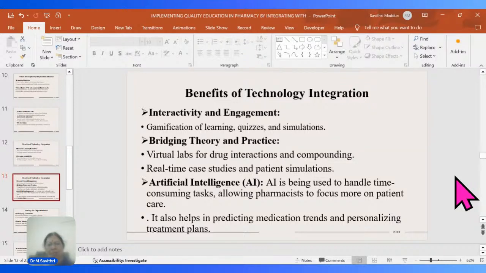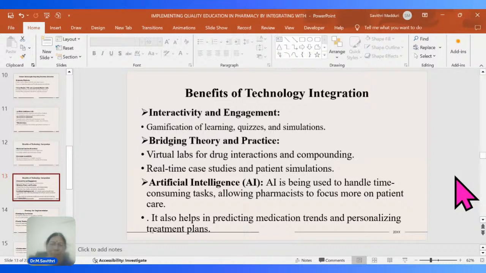Artificial intelligence is very, very important, and it also helps in predicting medication trends and personalizing treatment plans. When we are going through subjects like pharmacovigilance and many other things, the personalized treatment plans are there, and we can follow them by using artificial intelligence.